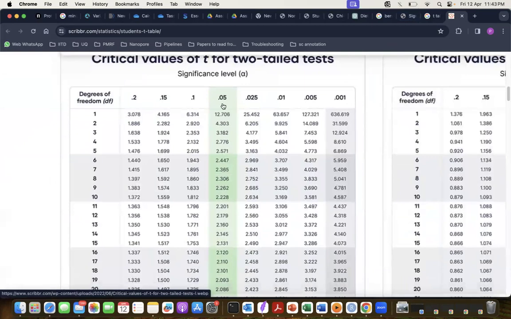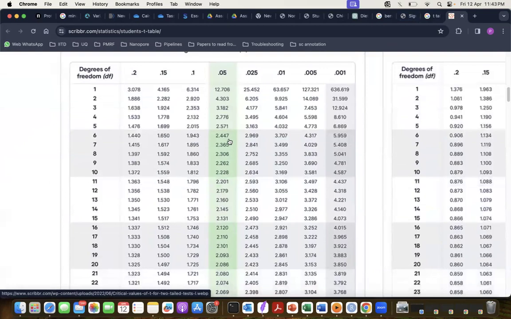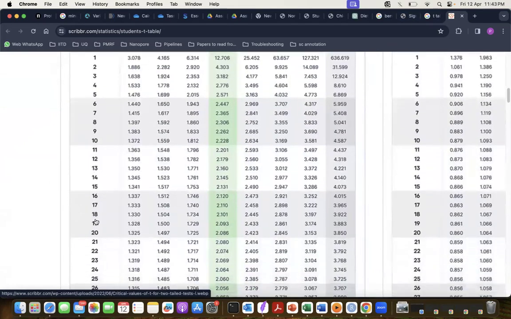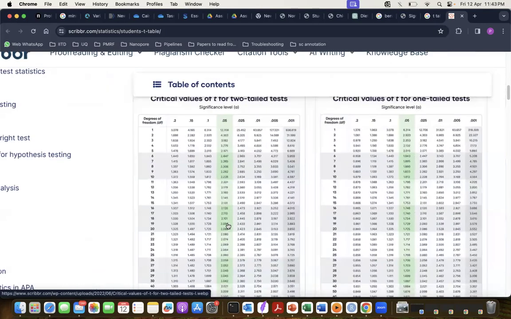Alpha, typically we are always interested in 0.05, which is why they've given it green. You see here, degrees of freedom, we were looking at 19, right? So we go here and we check, it's 2.09. And it's a symmetric distribution, right?